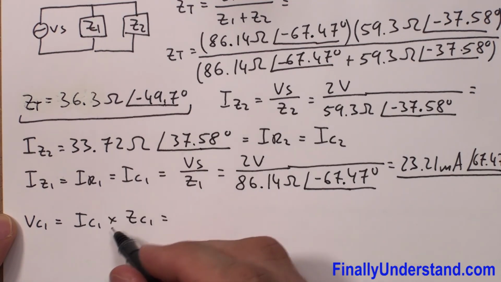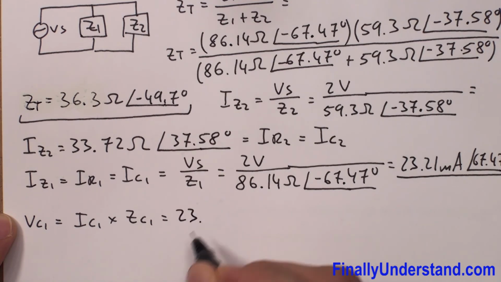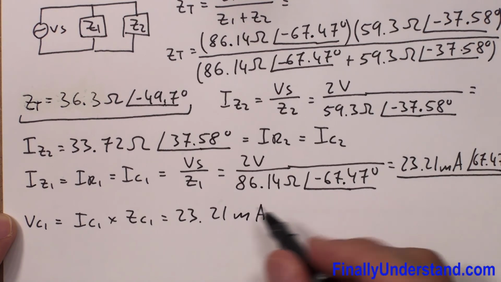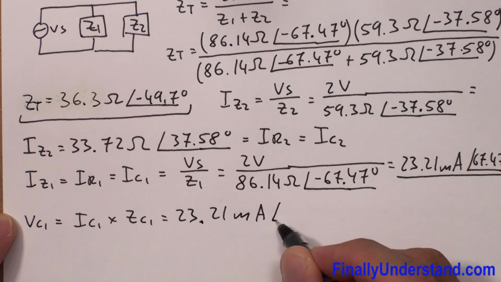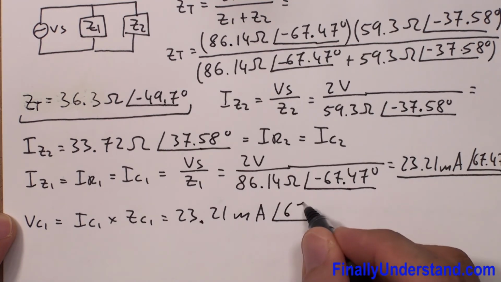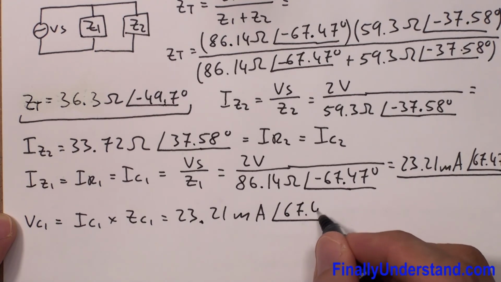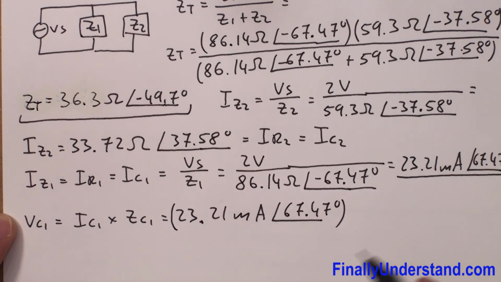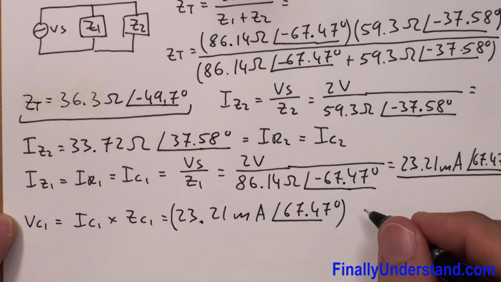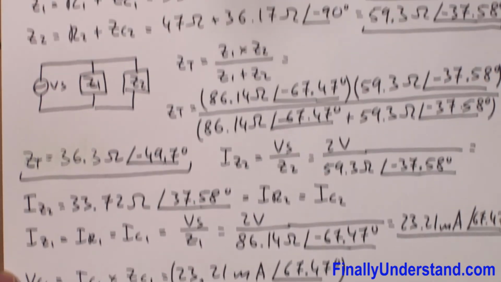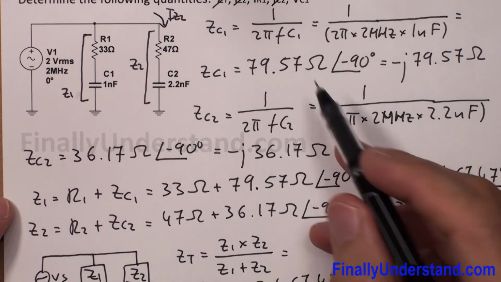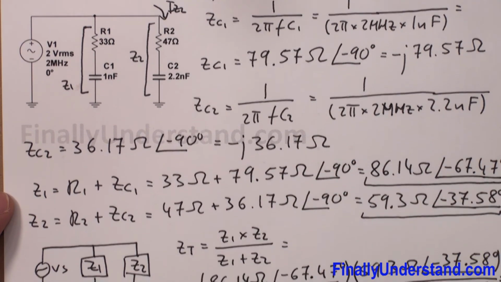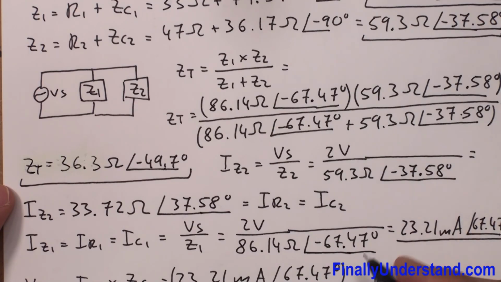And we found that IC1 is equal 23.21 milliamps and angle of 67.47 degrees times ZC1, where ZC1 was equal 79.57 ohms, an angle of negative 90 degrees.